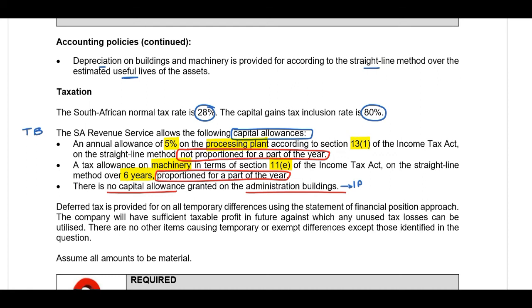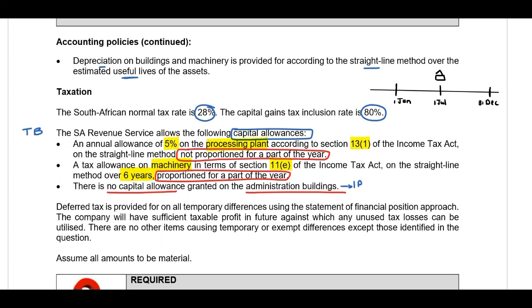If you take this one step back and we include a timeline, let's say that this is our year 1. This will be the 1st of January and this will be 31 December. If it is proportioned for part of the year, let's say we purchase our building 1 July.